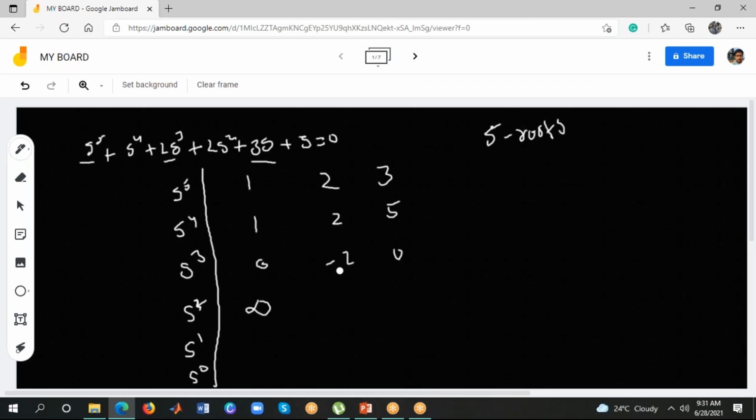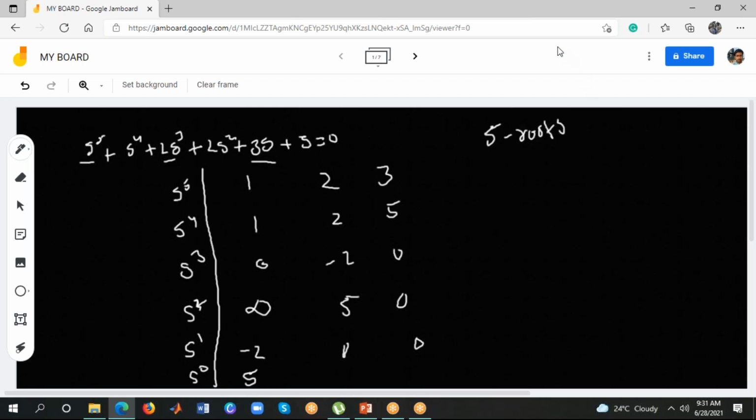Next, you will get 5. The next term is infinity into minus 2 minus 0, divided by infinity, you get minus 2, and here 0, and then 5.